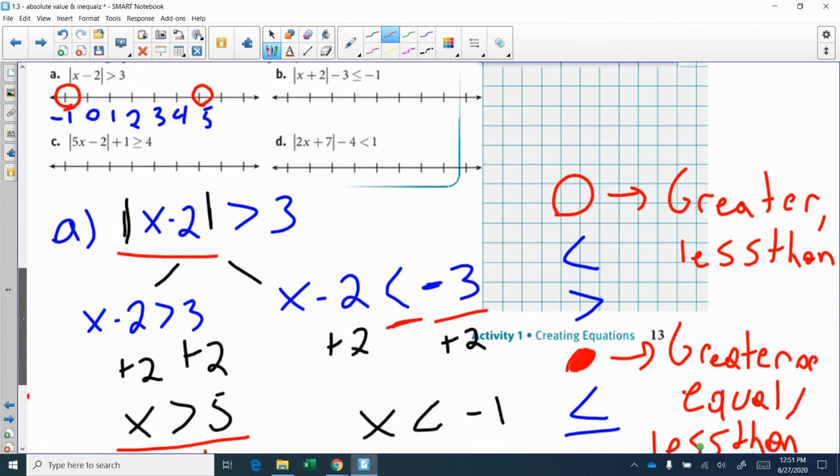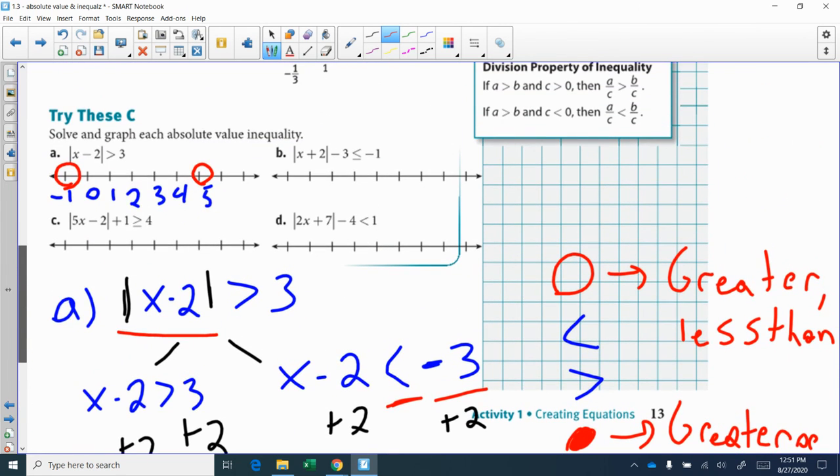So when I'm drawing my line, I want to find 5, and I want to think, okay, which way is greater than? Well, to the left is 4, 3, 2, which is not bigger than 5. And to the right, we have 6, 7, 8, and so forth. So what I want to do is I want to draw my line, or however you want to do it, pointing towards the greater than side. So I'm stating that my answer cannot be equal to 5, but it can be anything bigger than 5.